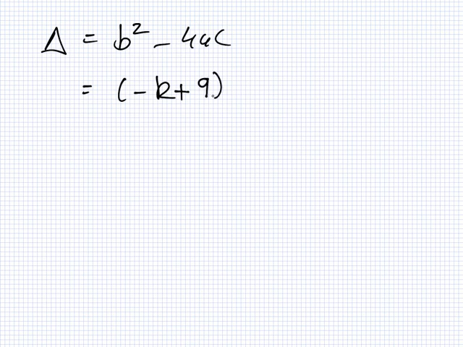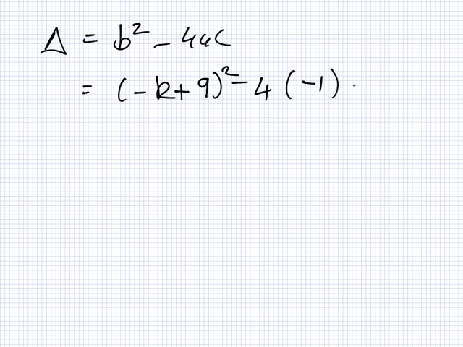We'll mute it then. So we have discriminant equals b squared minus 4ac. What's the b in this one? Minus k plus 9. And the a, the number in front? Minus 1.